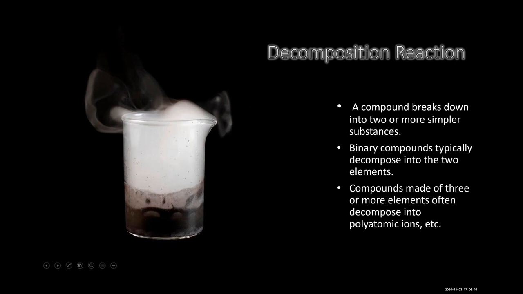This picture here is actually hydrogen peroxide decomposing, and you can make it decompose faster using a catalyst, which we'll talk about later, which is probably what's going on in this picture, because the hydrogen peroxide that you can purchase in the store is very dilute, not very concentrated, so it's not going to do this. But if you got hydrogen peroxide that was pretty pure, it would do this.